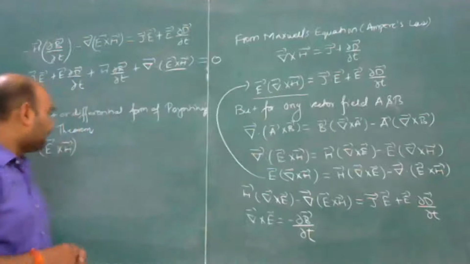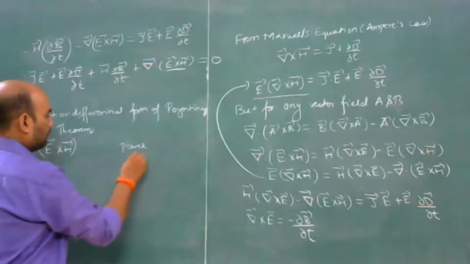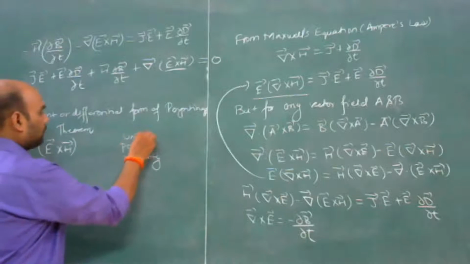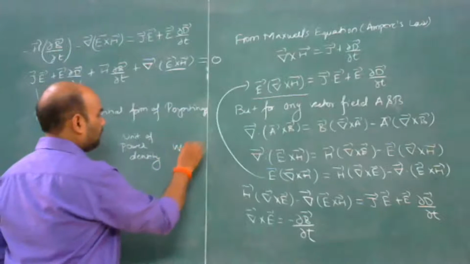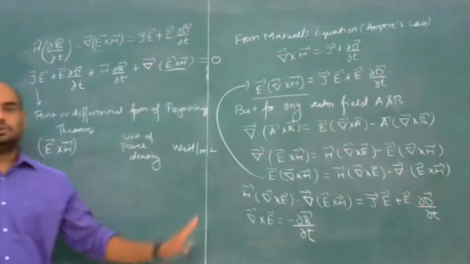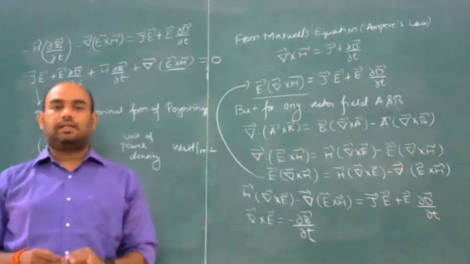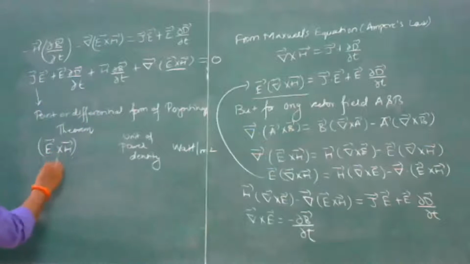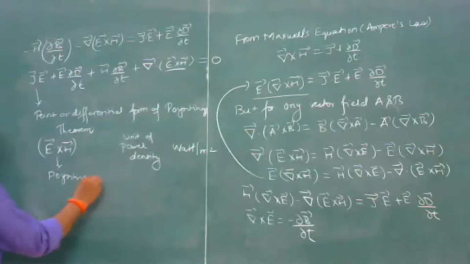The unit of power density is watt per meter square, and it is called the Poynting vector.